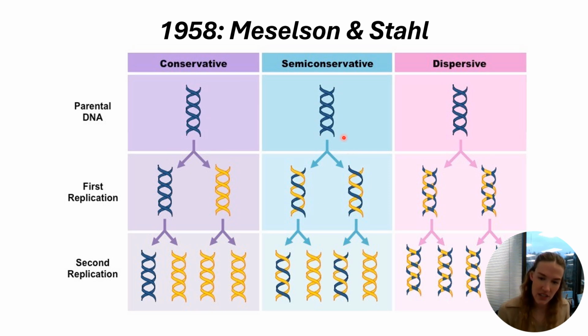Semi-conservative, each of these strands ended up working as a template for the daughter strands that we see here, and each molecule was half old, half new. And then the dispersive, very bizarre. I don't know the mechanism that was predicted here very well, but it basically looks like a tie-dye of the new and the old. Okay, so how did they actually distinguish between the three?